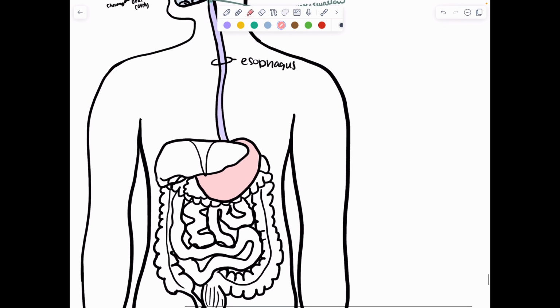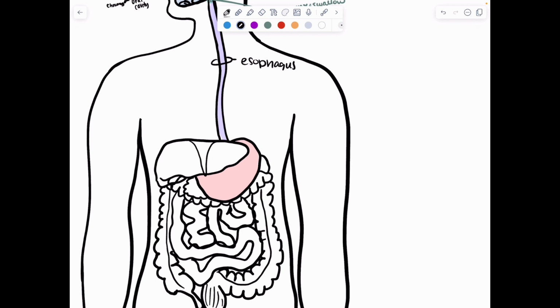It has this kind of oblique-ish kind of oval look with a little bit of a curl. We have a couple of different parts of it. We have a cardiac part. Don't worry too much about the different parts. There's a fundus, all of those things. They're just the various locations that we call the different parts of the stomach.